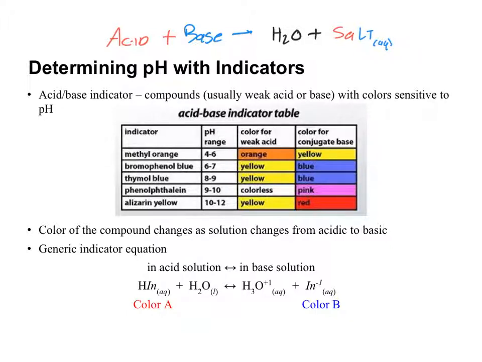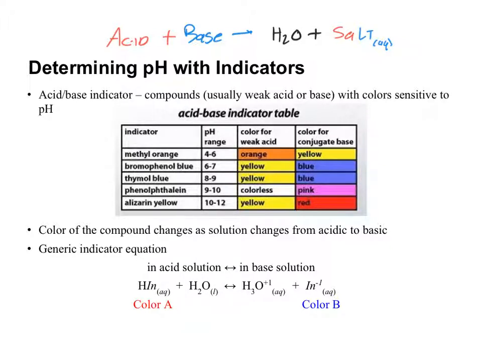When you add enough base that you have now used up all of the acid, and you're making water, and eventually you make it a little bit basic, it turns pink. And when it turns pink, that means that you have gone just past the neutralization point, or the equivalence point, which we're going to talk about in a minute. But basically, the color of the compound will change as the solution changes from acidic to basic.